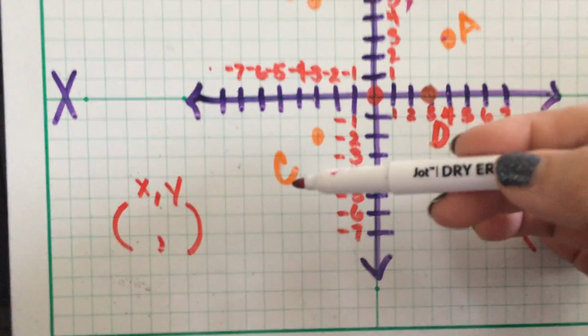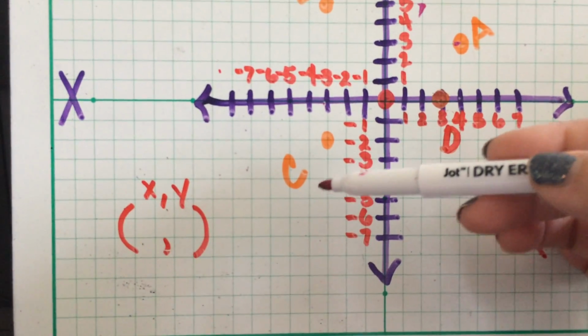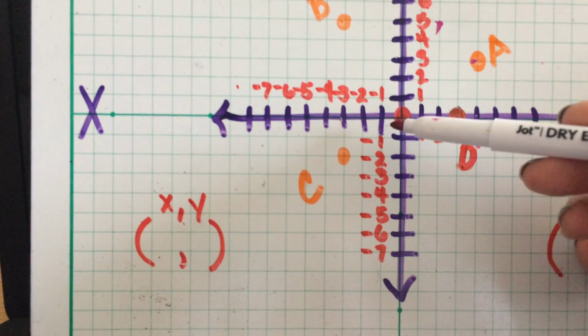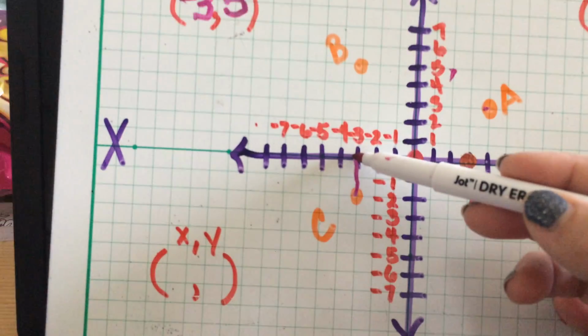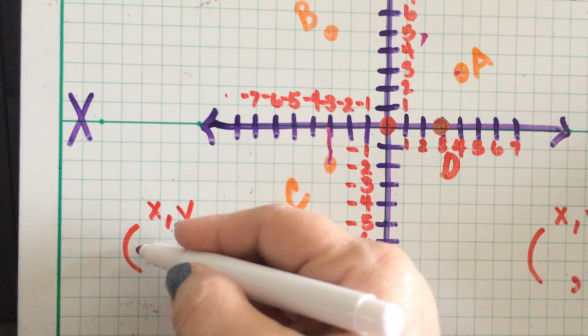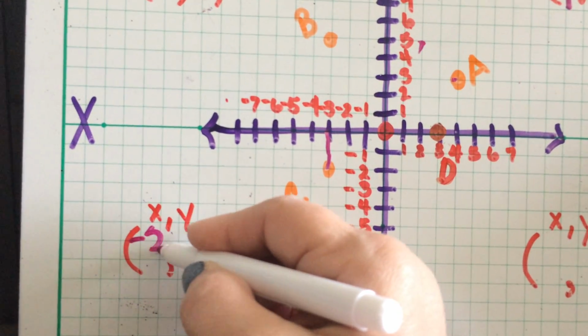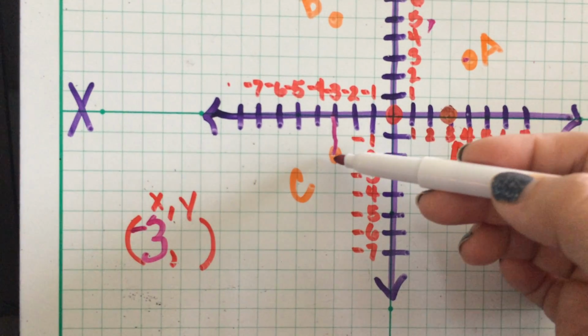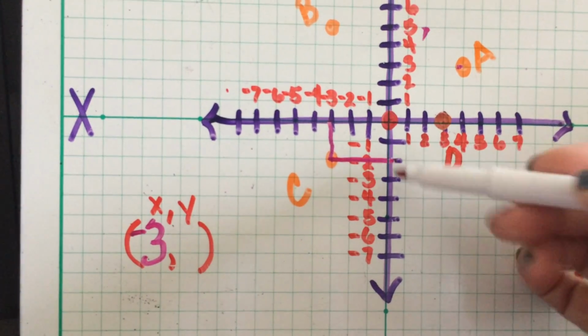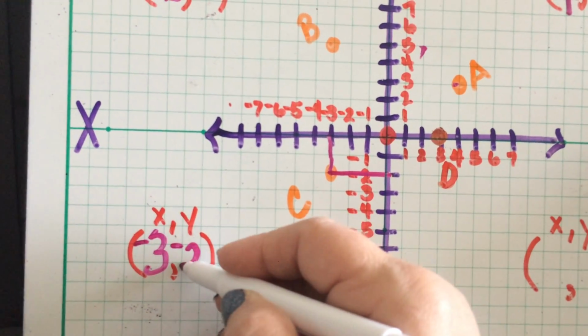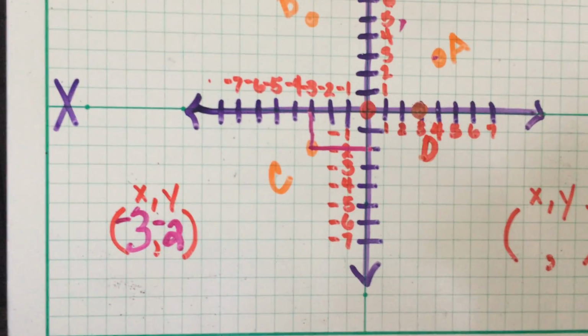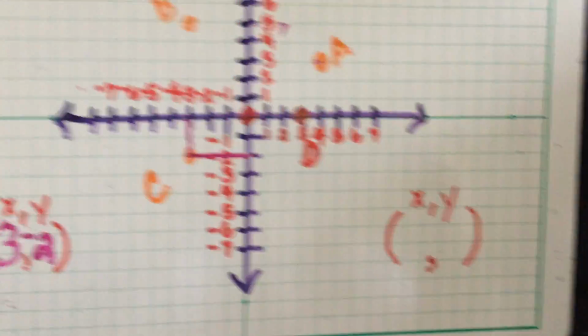Come down to C, which is in quadrant 3. You will do the x-axis first, follow the line from the dot up, and it's -3. If you follow the dot over, you will see that it's -2. Remember, quadrant 3 is the one where both x and y are negative.